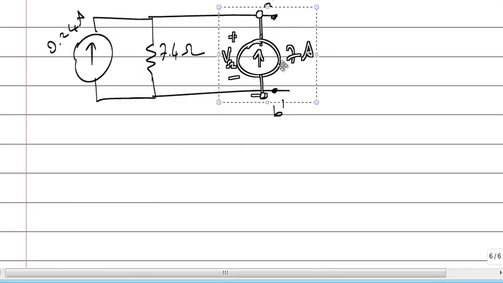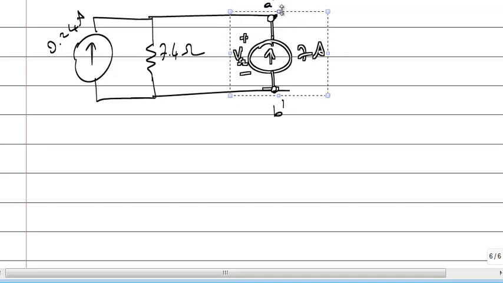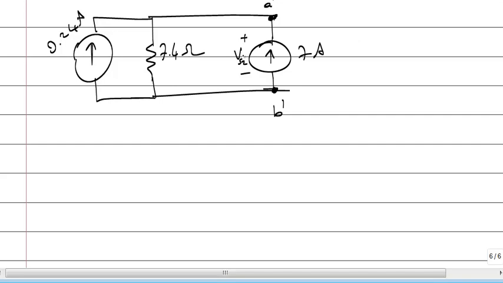So the voltage of this source Vs2 is the voltage of this resistor. They are connected in parallel. Is it obvious? So Vs2 is equal to Vr, which is equal to resistance times the current entering from the positive terminal.